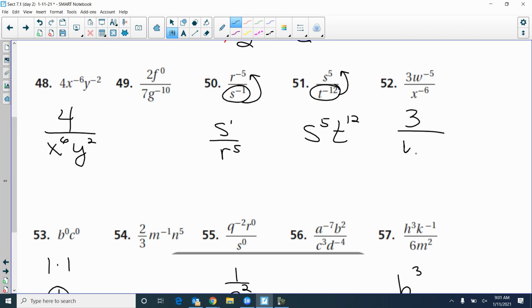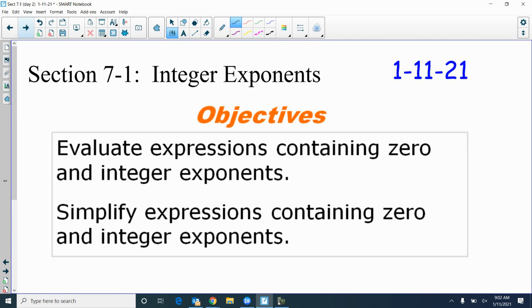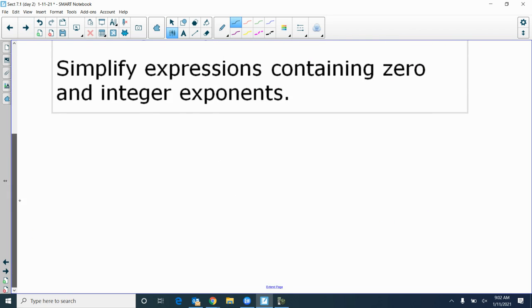Put it on the bottom and you make it W to the positive fifth. What do I do with the X to the negative sixth? Move it to the top. Why'd we move it? Because it had a negative exponent. There we go. Do you see any negative exponents? Nope.